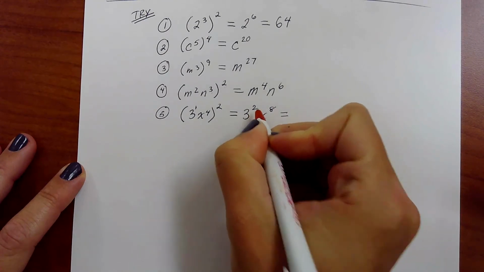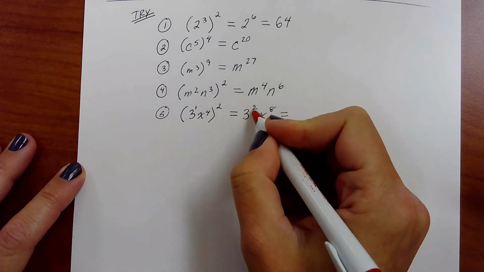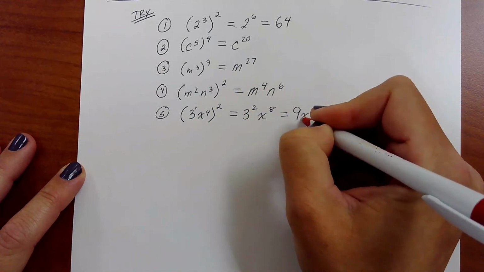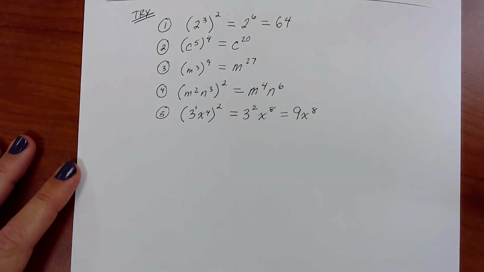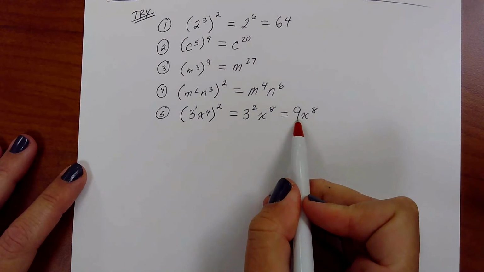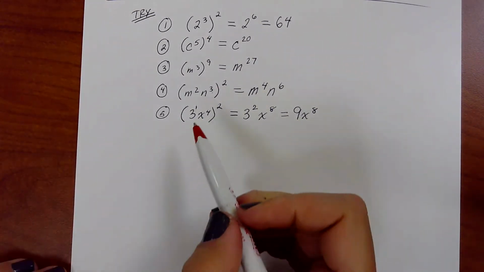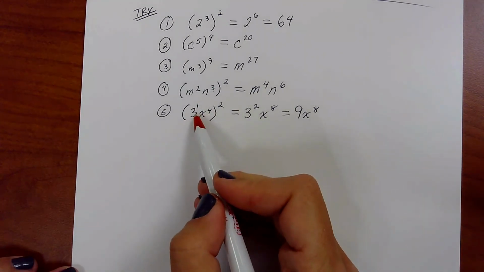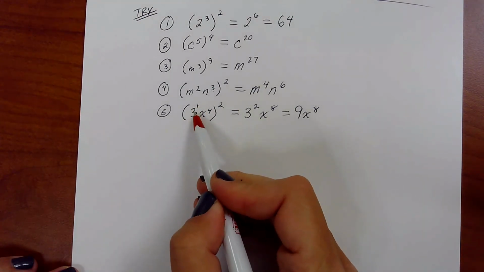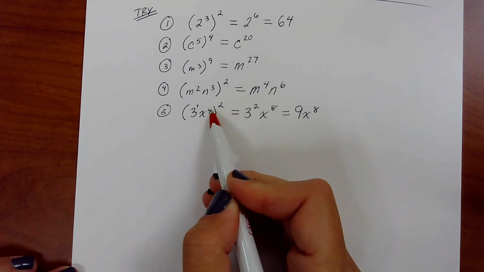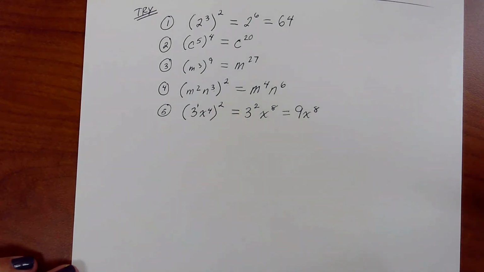But 3 to the second you can solve. 3 to the second, that's 9, right? 3 times 3. So that is your answer. And I would be okay if you jumped right to this answer, but the coefficients are being treated differently. They are just a number, that's 3 to the second power. And then power to a power is multiplying.